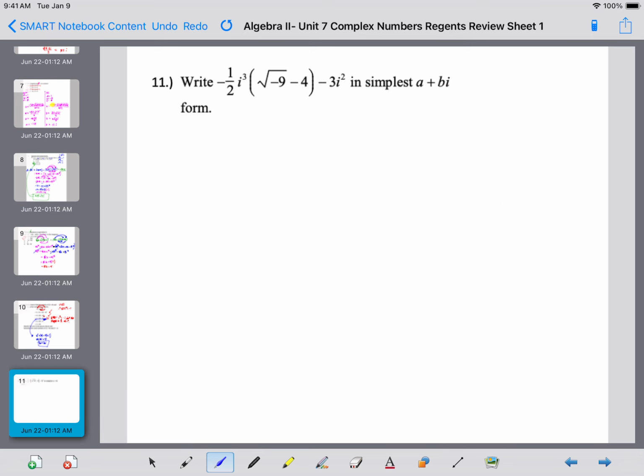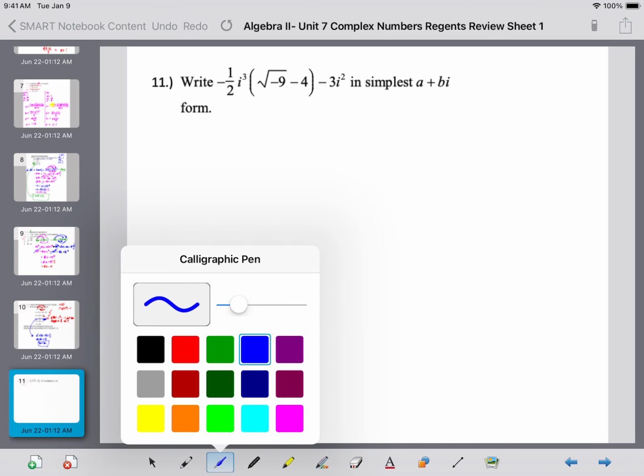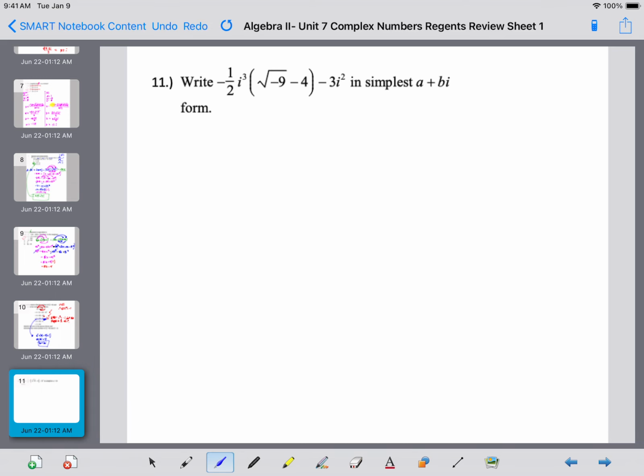Okay. Lastly, we have this question here. First, this looks complicated to me, right? So, it's all numbers, so I could just put that in my calculator if I'm in a plus bi mode.